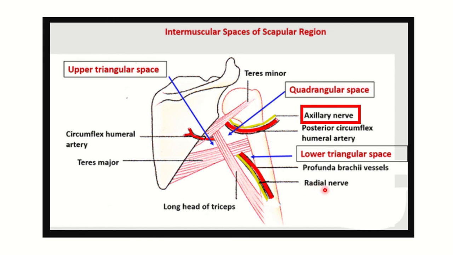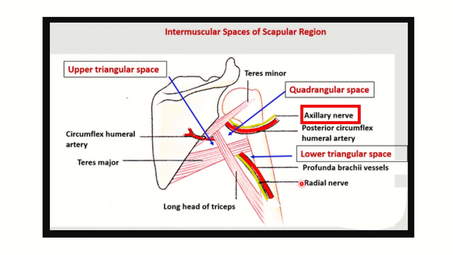One is the radial nerve, which is the extensor nerve of the upper limb, and it supplies almost all of the extensor muscles of the arm, forearm and hand. And here we can see the profunda brachii vessels. So in the lower triangular space there are two contents: the radial nerve and the profunda brachii vessels.